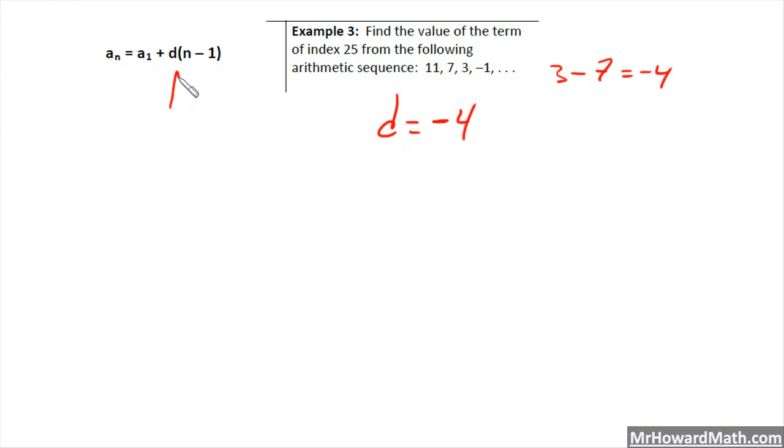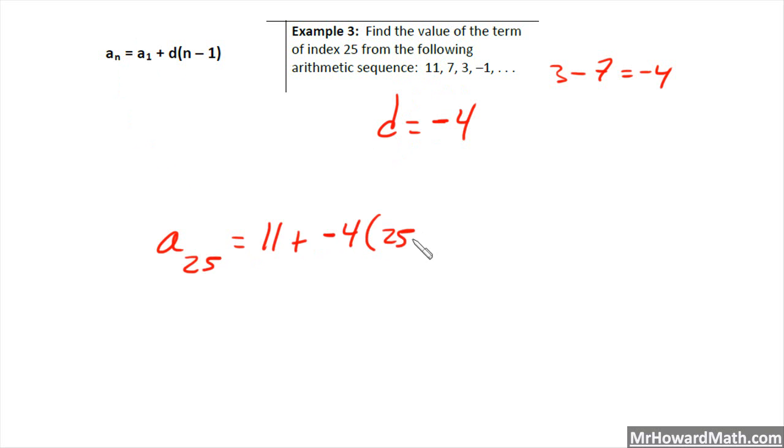So we have this value now. We know that this is a sub 25, and we know that this value right here is equal to 11. So we have everything we need to find the 25th term. So a sub 25, no adjustment needed here, equals a sub 1, 11. This is a sub 1, the first term in the sequence, plus our common difference value, negative 4, times n minus 1.